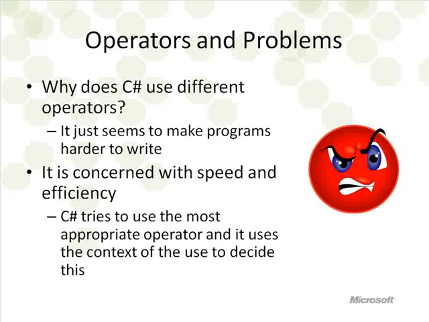C# tries to use the most appropriate operator, and it figures this out from the context in which it's being used. So it won't waste time making floating point calculations if it doesn't think you care about the fractional bit. In this case we did care, but we were starting with integers, so we had to tell the compiler, okay, I know it's an integer, but for the purposes of this sum, please make it floating point.